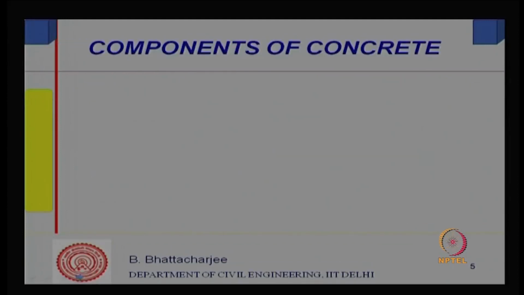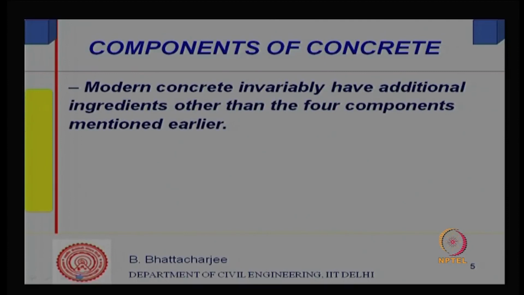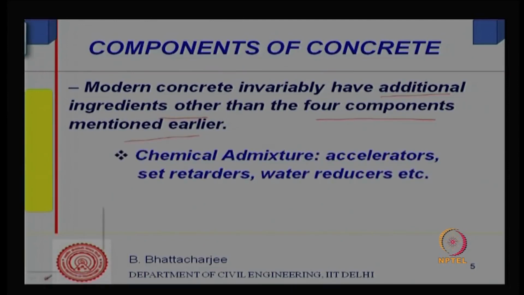But modern concretes are not only these 4 components; they definitely have 2 more components. Modern engineered concrete has additional ingredients other than these 4 components just mentioned, and these are chemical admixtures.